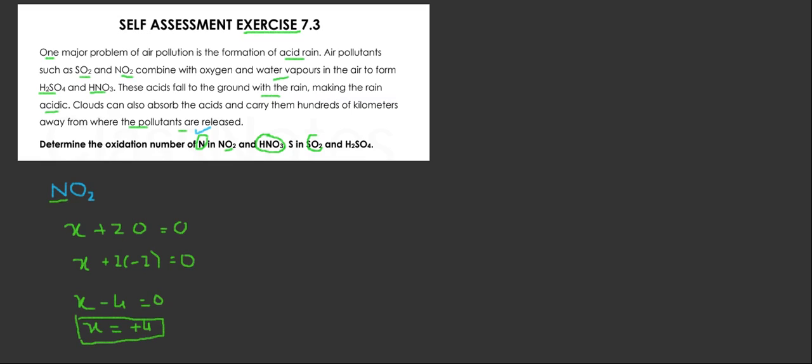Now if you want to check, you can check it like this: NO2, nitrogen dioxide. As you know the oxidation state for oxygen is -2, so you write -2, and for nitrogen we have found that the oxidation state is +4. So for nitrogen +4 and oxygen 2 multiplied by -2, you will get -4.